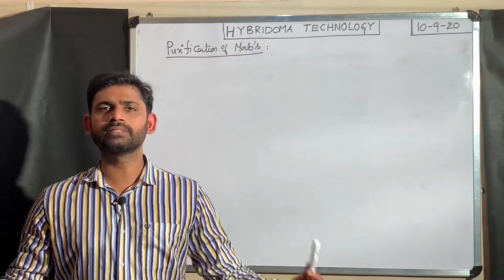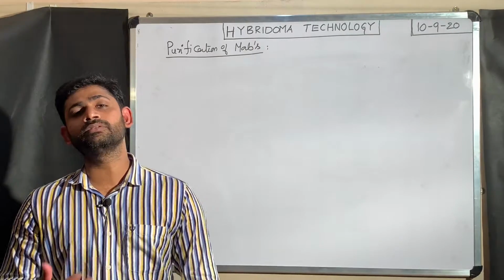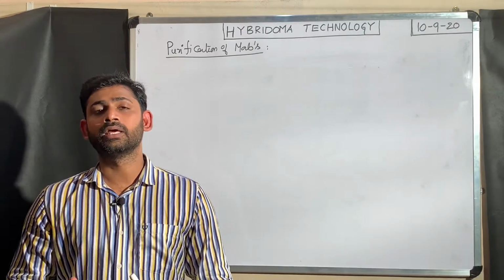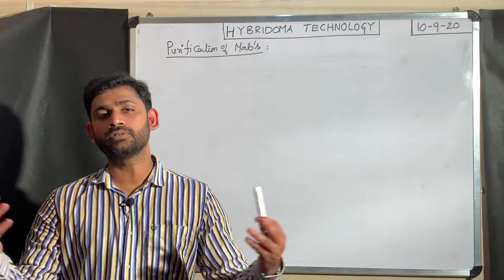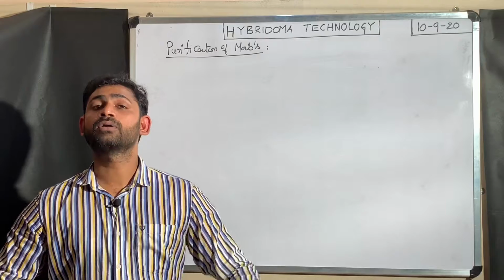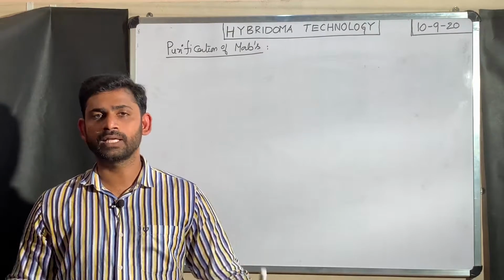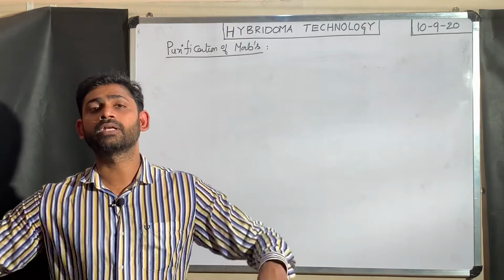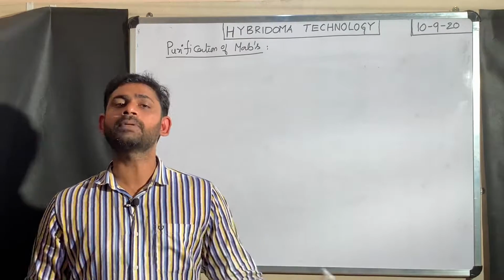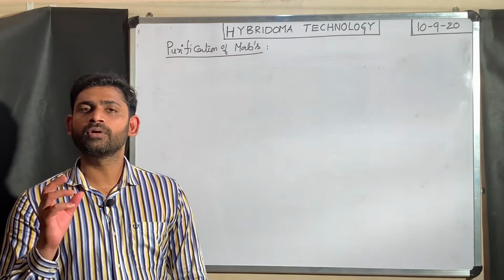Living cells are present, cell debris is also present. When the cells continuously undergo cell division, they produce different molecules into the medium. That is why the medium contains not only monoclonal antibodies but also different types of cells, cell debris, and different types of proteins. That is why next we need to purify the monoclonal antibodies.